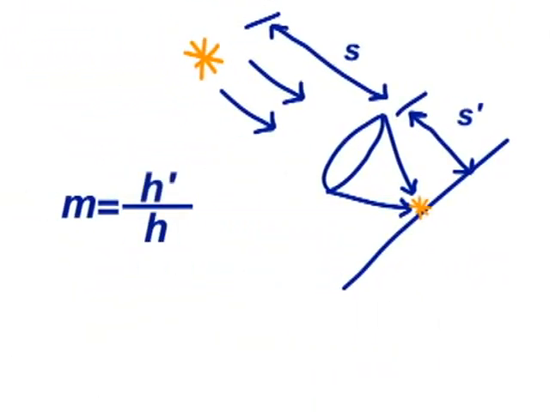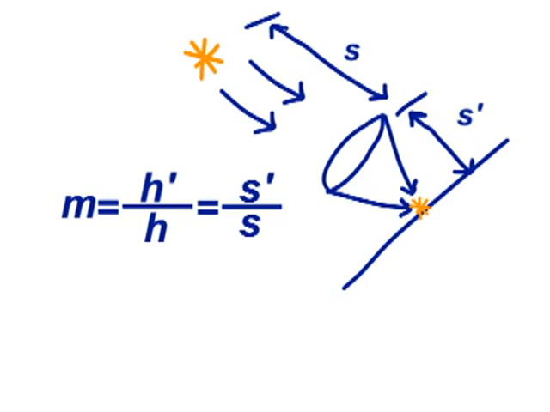Magnification is equal to H prime over H, but it's also S prime over S. I don't care about the fact that it's a negative sign. That just tells me it's upside down. Don't worry about that. You don't care if it's right side up or upside down. Doesn't matter. But I want to make the magnification a small number in order to make this work. And I can do a couple of things to make this a small number.